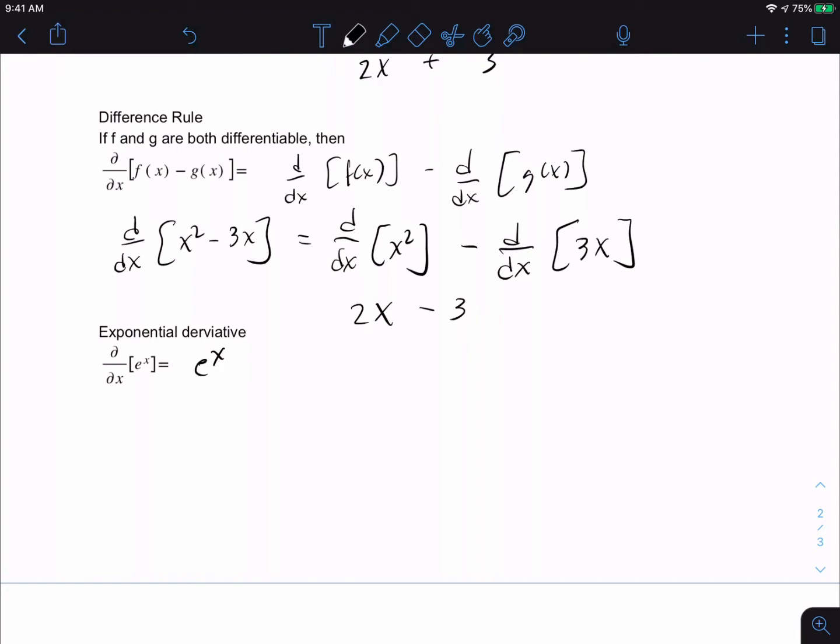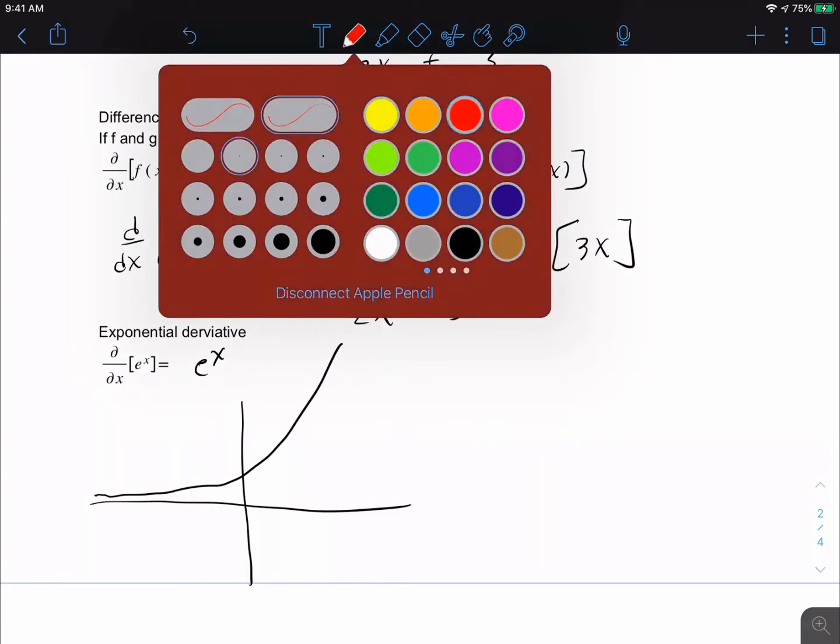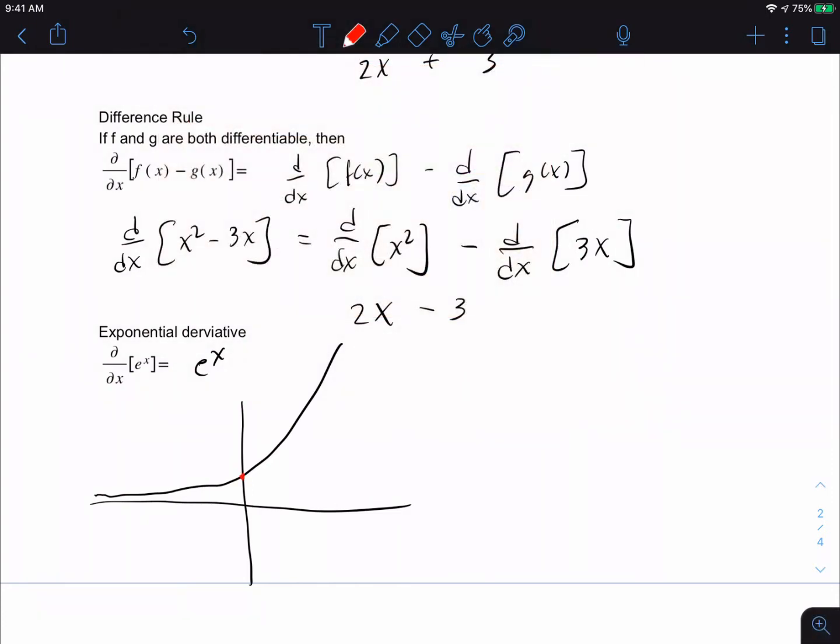So if I have the graph of e to the x, which looks something like this, what's so cool is if I take a point, like let's say at e to the 0, what do I know about e to the 0, my friends? Is it 1? It's 1.